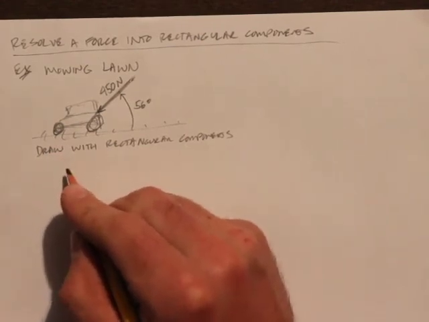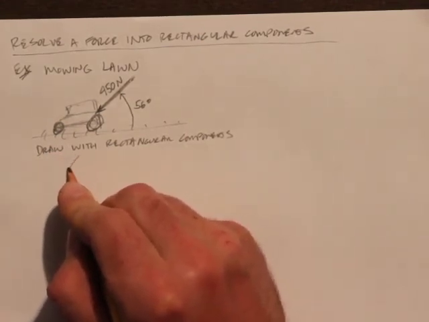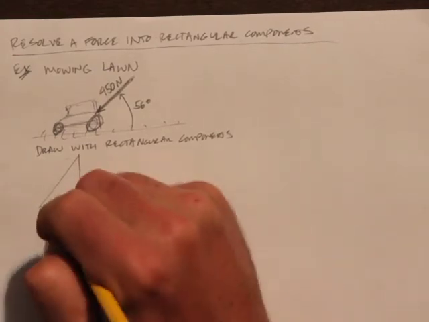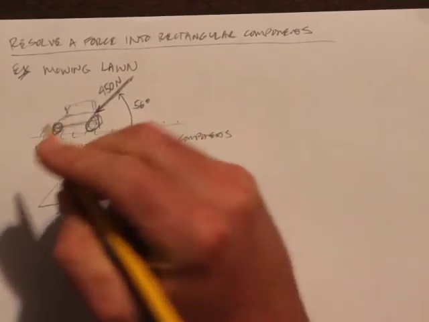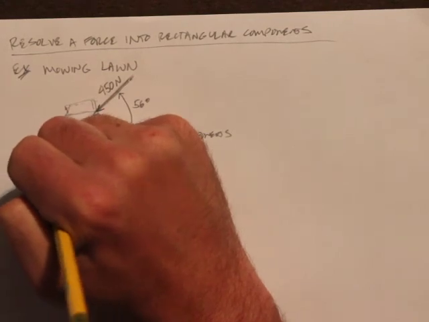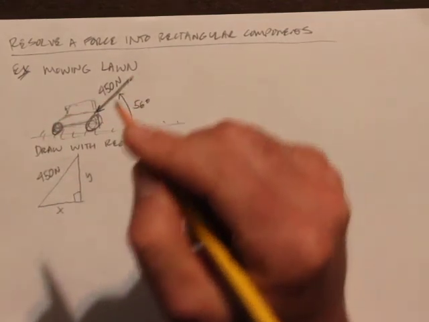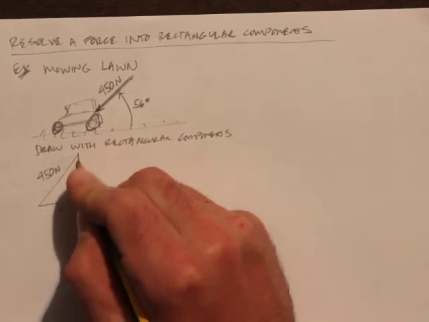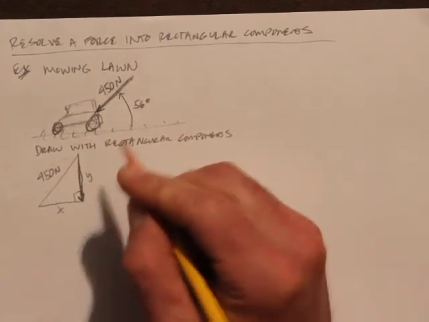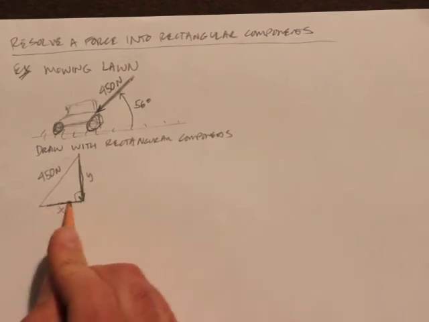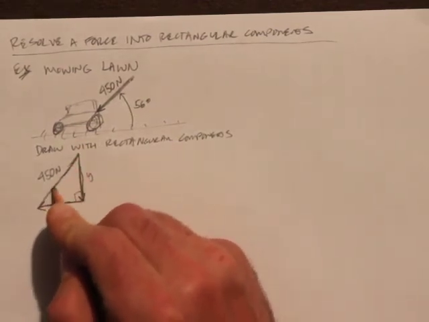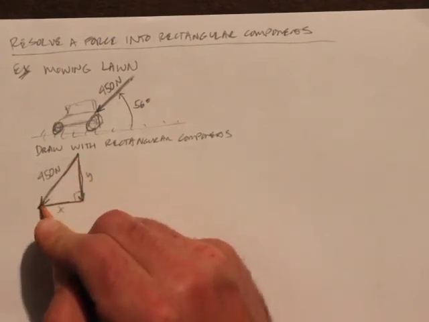So we're going to draw this as a triangle. We've got X, we've got Y, we've got 450 newtons. The Y is down, we're pushing down, and the X we're pushing to the left, and this was the original force here, the 450 newtons at this angle.